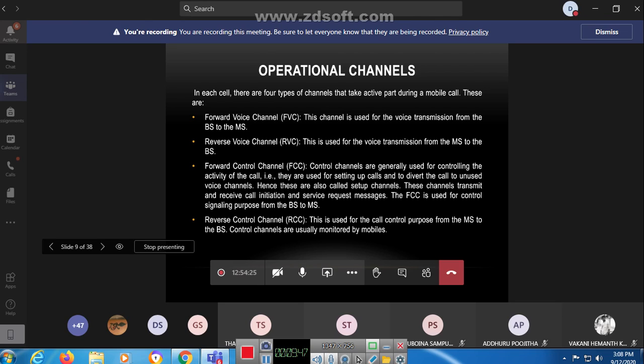For that communication it requires operational channels. We have basically 4 types. What are they? First one is the forward voice channel, reverse voice channel, forward control channel, and another one is the reverse control channel.